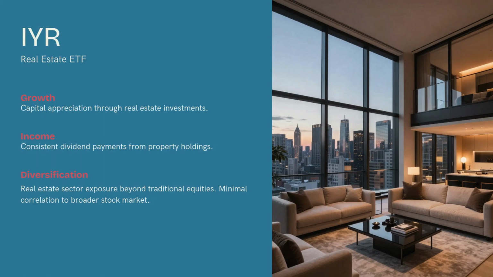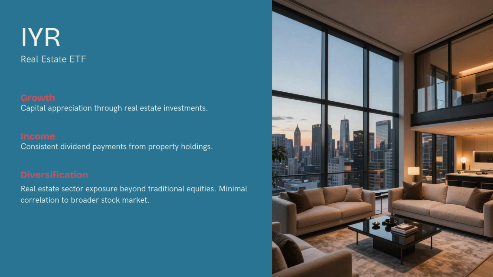IYR is number 4. I really like IYR in terms of what it offers for a different asset class, a different sector. It is real estate based. It's an ETF, so both of those are really good things. You know, real estate is largely independent of the stock market, even though there are some interdependencies in the commercial real estate sector.